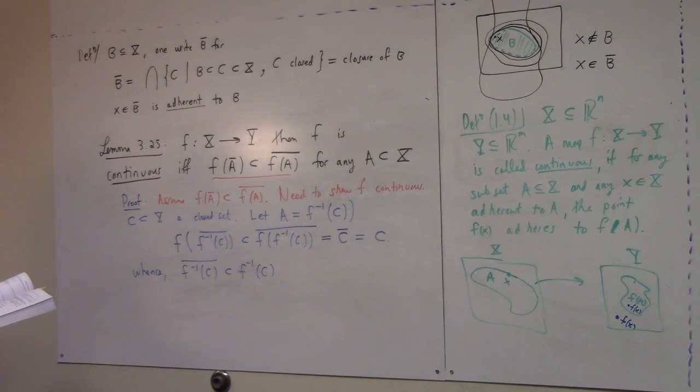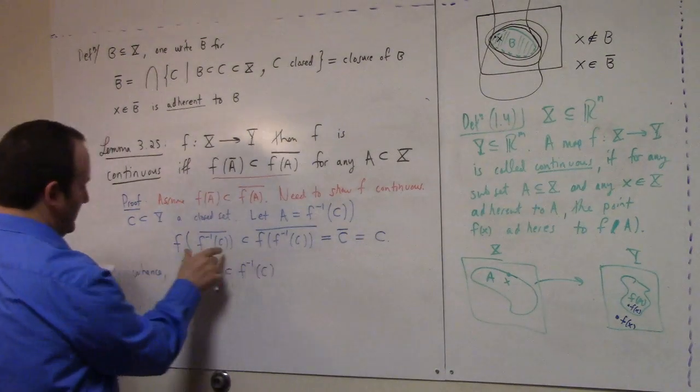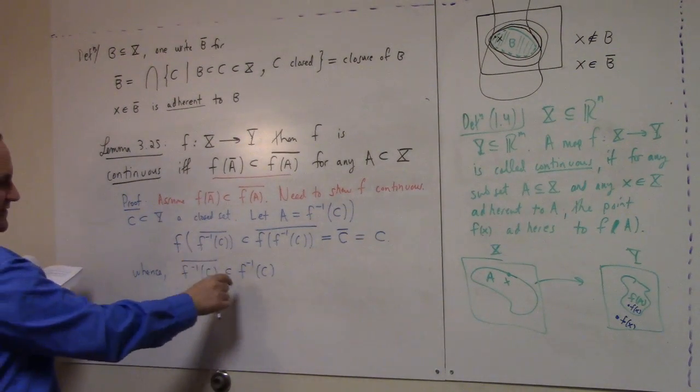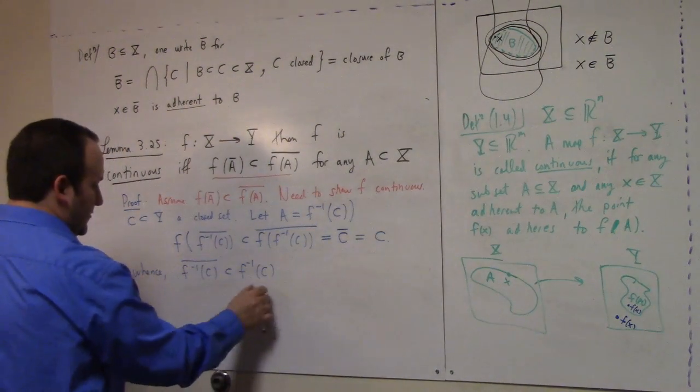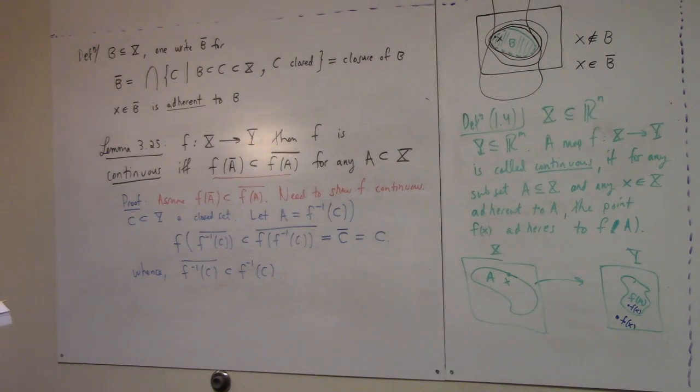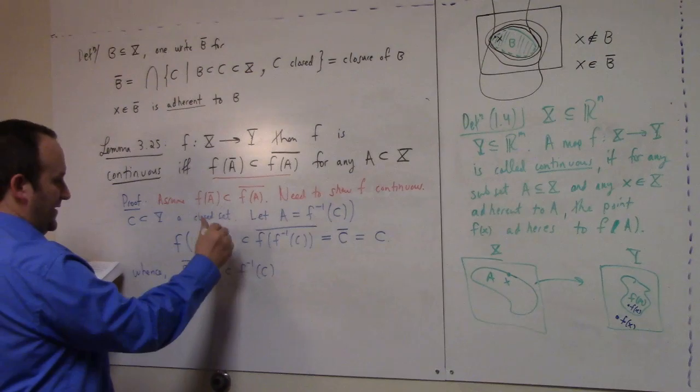How is that clear? Oh, he just takes the inverse image of this up here, right? So the inverse image of this is a subset of the inverse image of that, because inverse images preserve subsets. And the inverse image of F is the thing inside again, right?